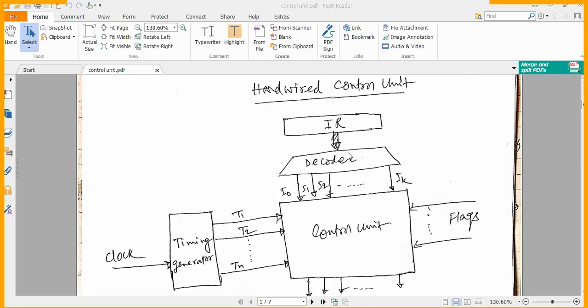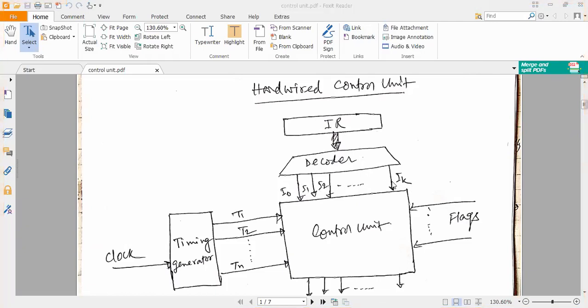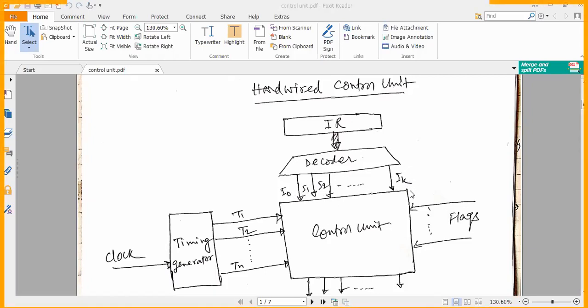If it is 2 to 4, it may be 3 to 8, it may be 4 to 16, something like that. Think there are several instructions: I0, I1, I2, and so on. It can have lots of instructions, and it will execute them one by one.